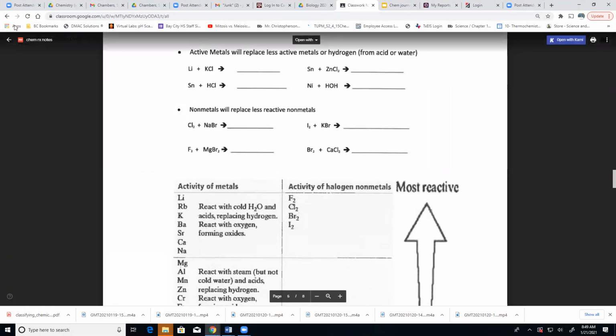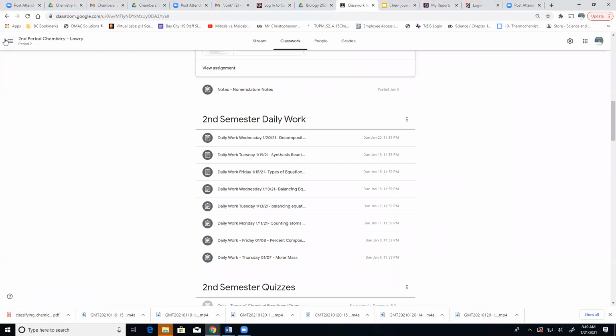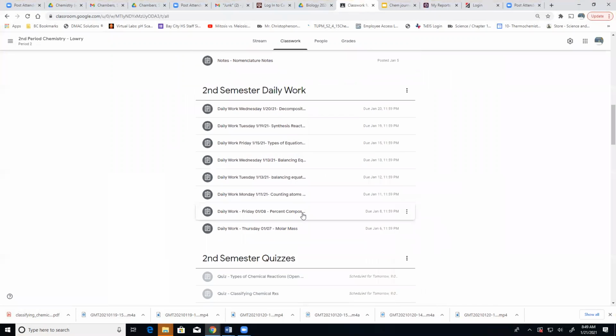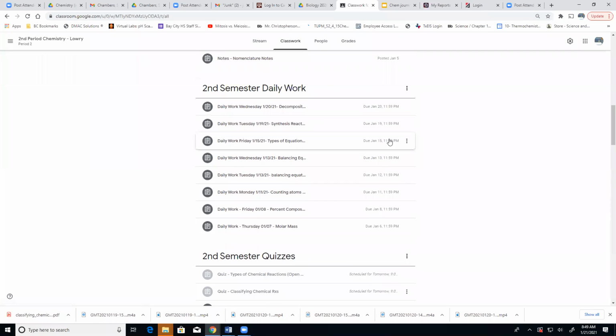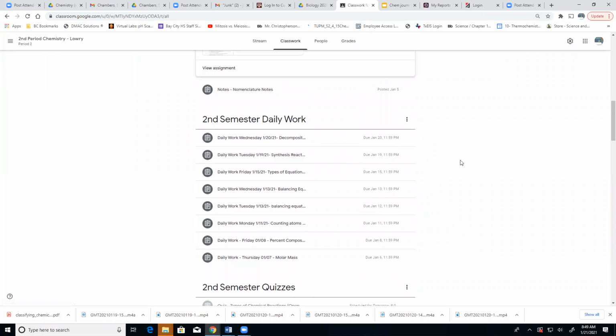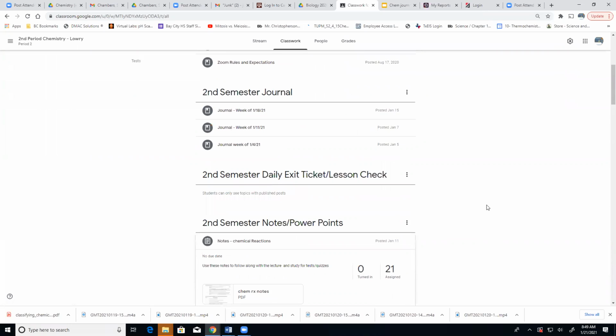All right, so let's look a little bit. Worksheet similar to what we've been doing. You should have a formula bank on the back. Oh, I forgot to load that up for my virtual people.